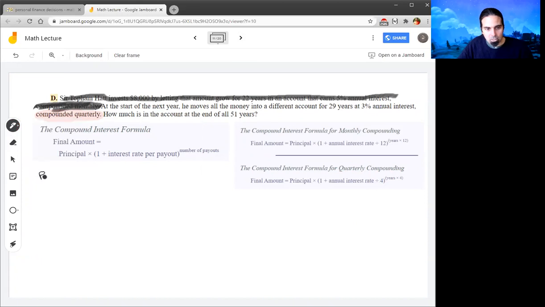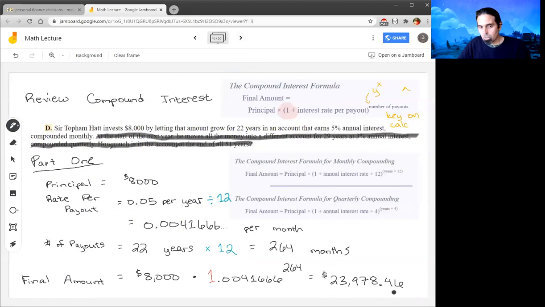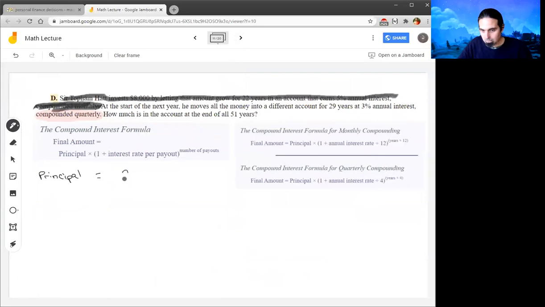Okay, let's get organized. So how much does he start with? We're continuing where we left off. He doesn't add any money. He doesn't take something out to buy a new train. He just keeps that amount. So 23,978.46.